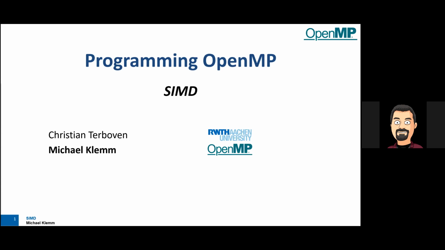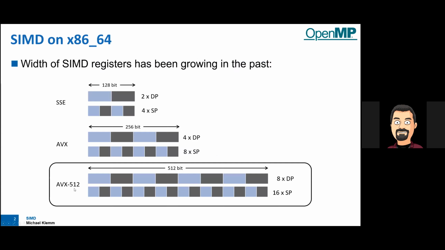If you look at x86 and the SIMD features that have been specified by these processors in the past, you've seen that there was a doubling every once in a while. Starting from SSE with 128 bits to 256 bits in AVX, and then Intel AVX-512 introduced 512-bit wide vectors.